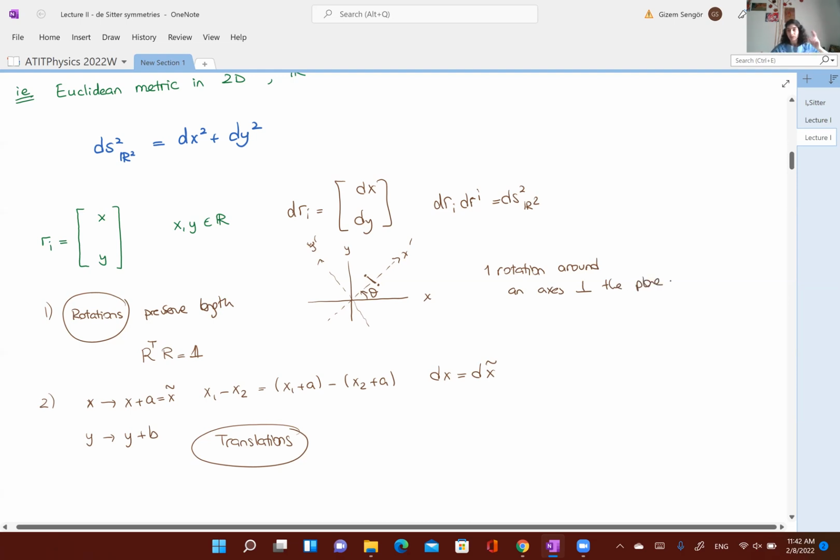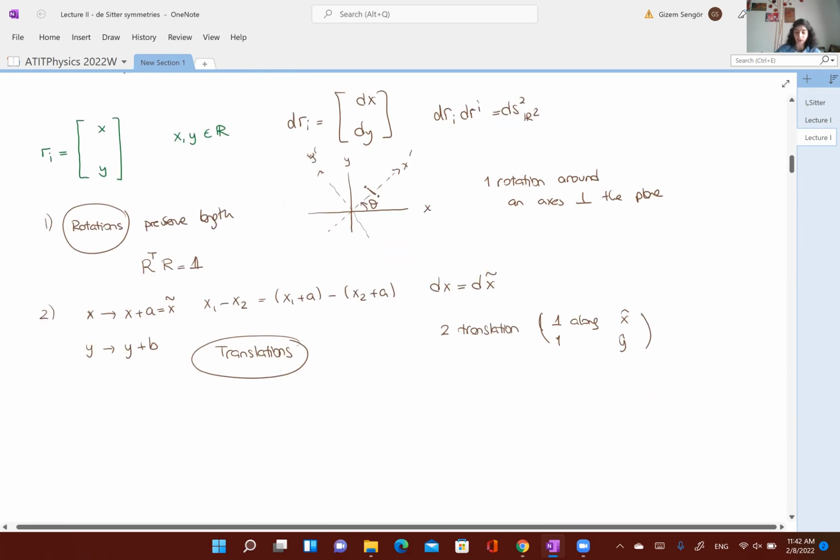And then we have 2 directions, and we can translate along each one of them. So we have 2 translations, one along the x direction and another one along the y direction. Okay, so we found 3, but is this all?